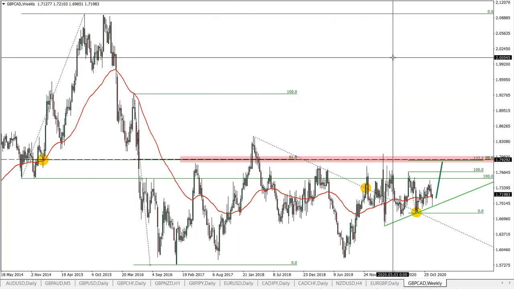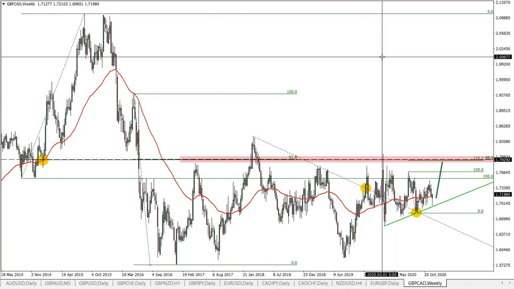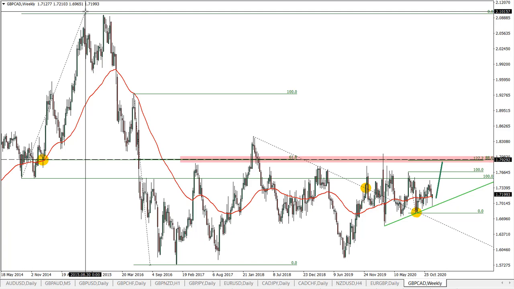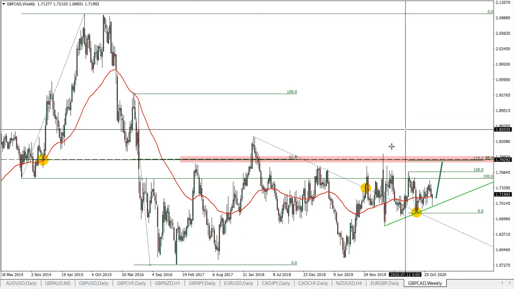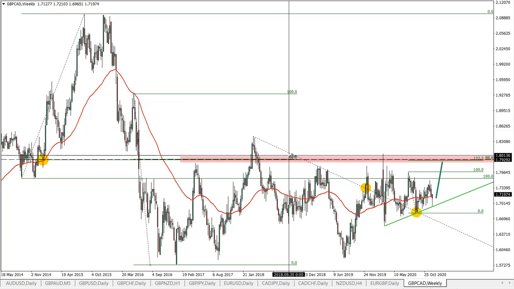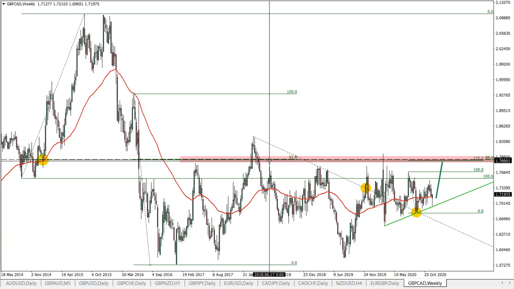Well, let's go into that. We have 3 Fibonacci levels confirming this resistance. The first one was applied to the last wave up when the price topped out back in 2015, and we have the 88.6 Fib as you can see here. The second Fib was applied to the last wave down where the moving average was rejected, and what we can see is the 61.8 Fib at this level.